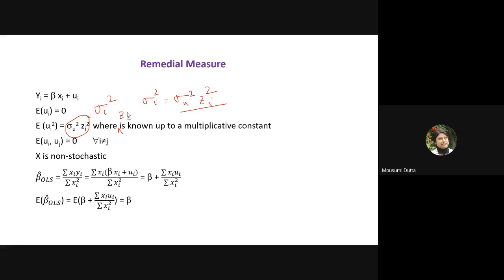Now for the covariance, the usual assumption of non-autocorrelation is considered. So expectation of ui uj is equal to 0 for all i not equal to j, and x is non-stochastic. So this is the model with the basic assumptions.